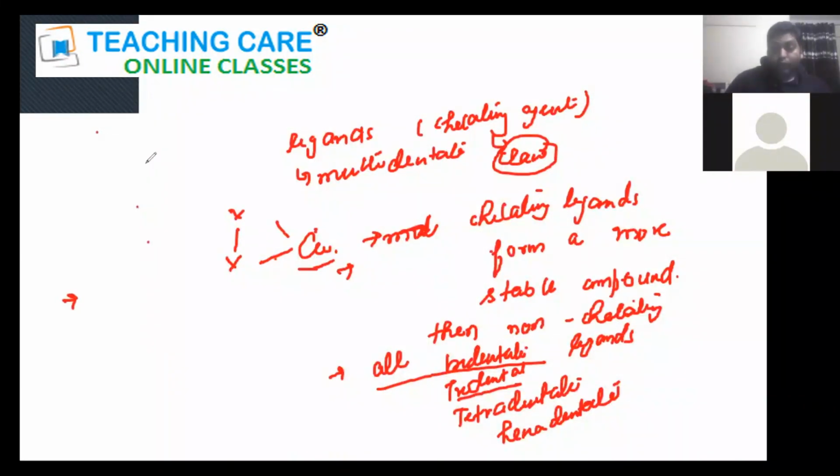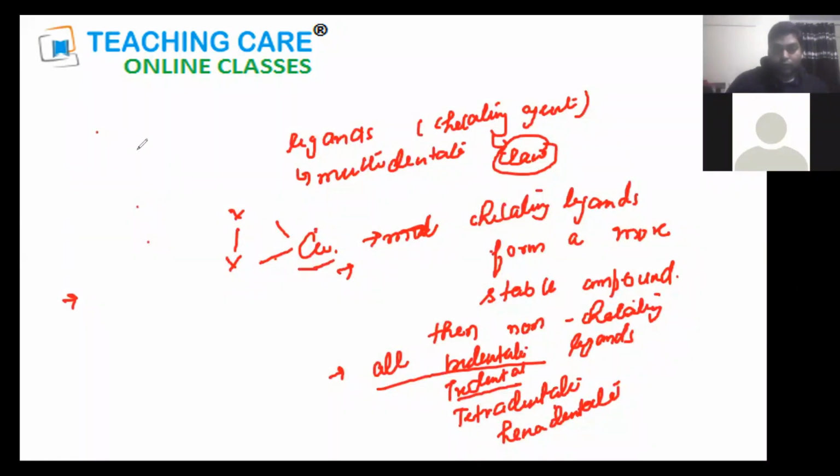Okay, I have told you that all multidentate ligands, which include bidentate, tridentate, tetradentate, hexadentate, form chelating agents. Okay. Next. Yes, sir.